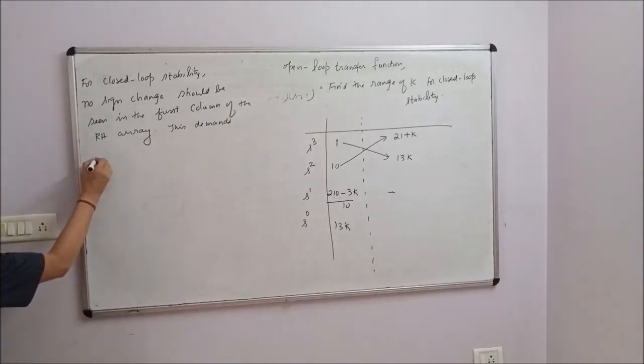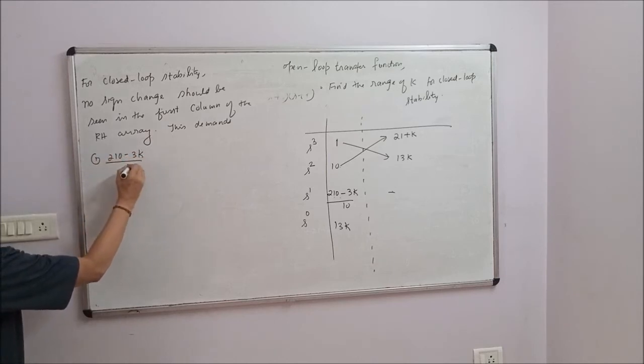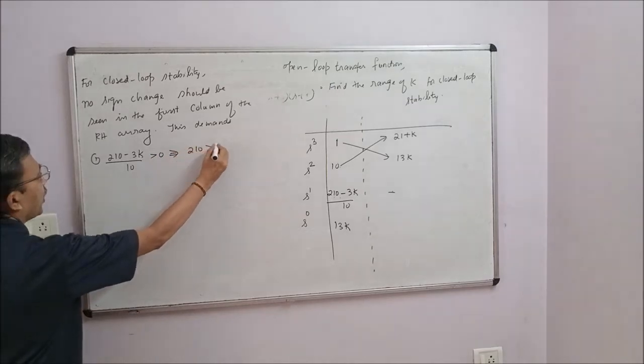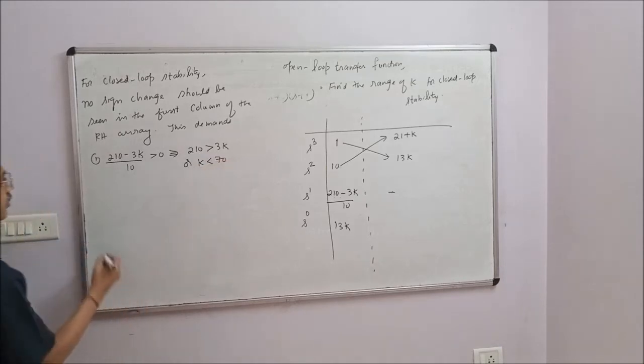This demands (210 minus 3K) divided by 10 greater than 0. This implies 210 greater than 3K, or K less than 70.